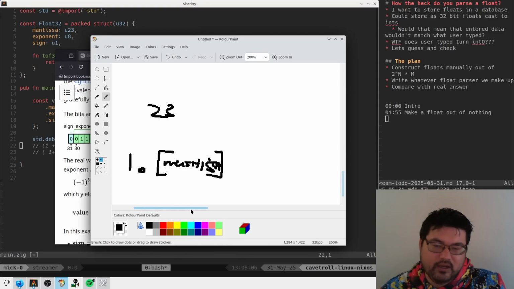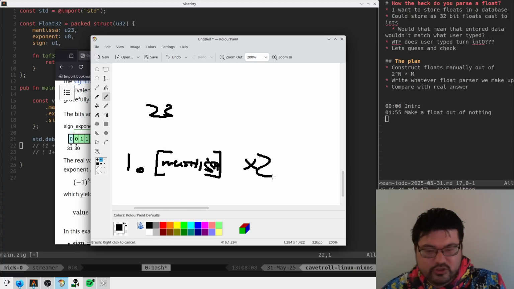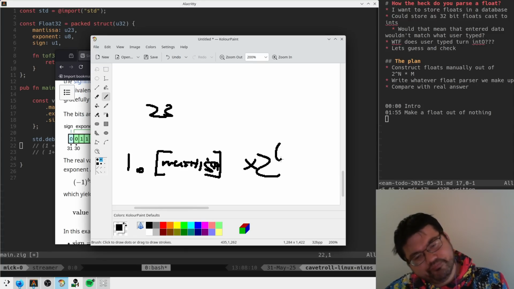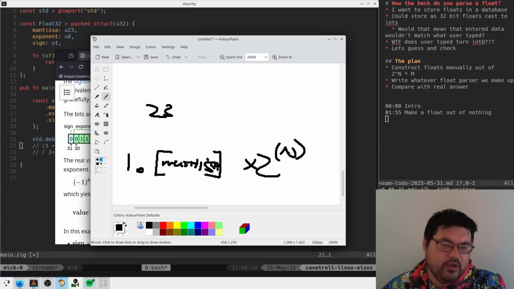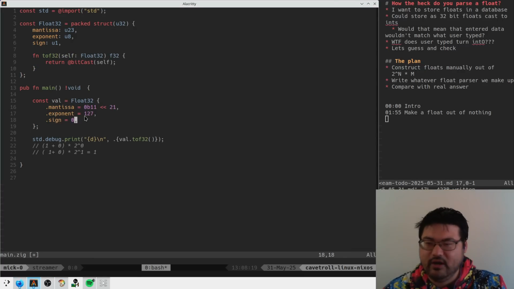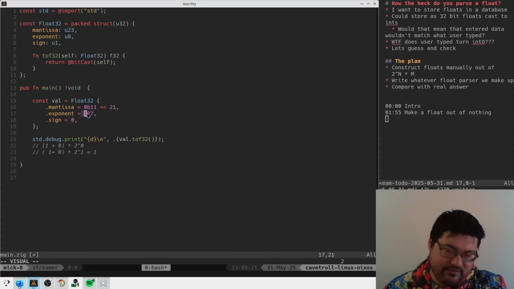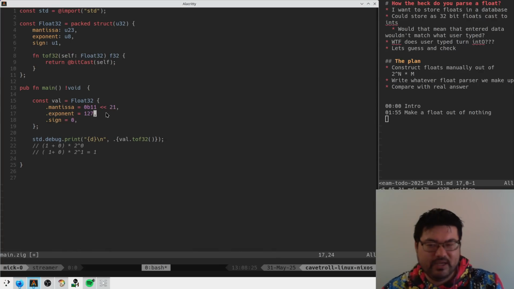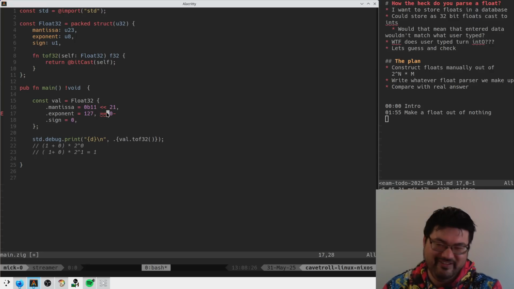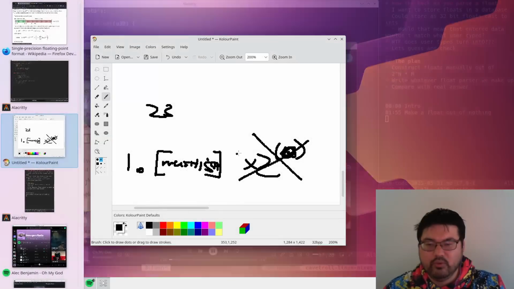This is 1 point something times 2 to the power of the exponent, right? We'll say that. So you put a 0 in here, this thing just becomes 1. So you cut that out, right? So we put 127 here because this number is offset by 127, but this 127 means 0, right? So ignore the exponent, which means that we're just working with the mantissa.